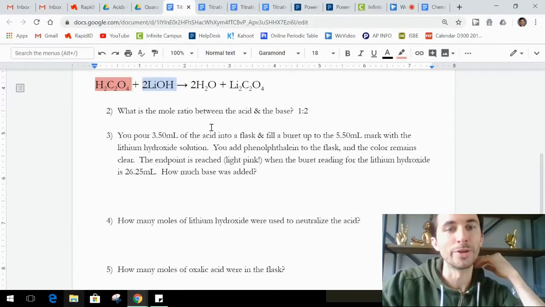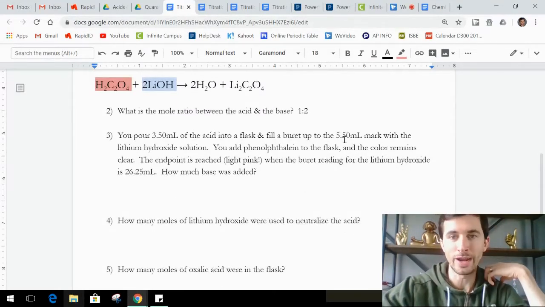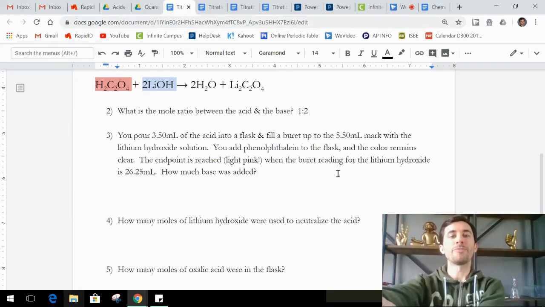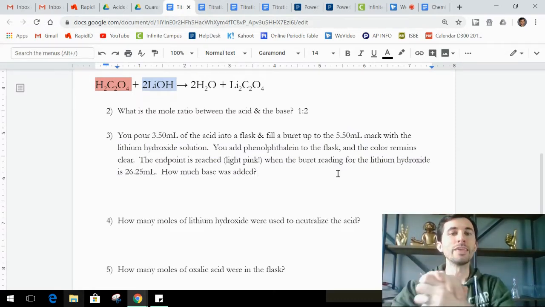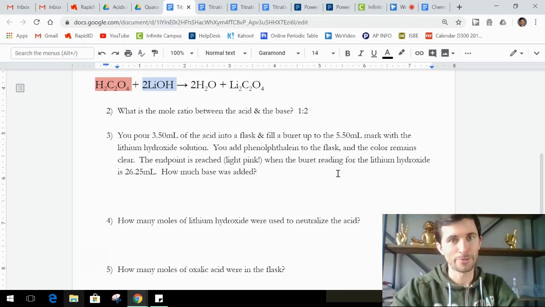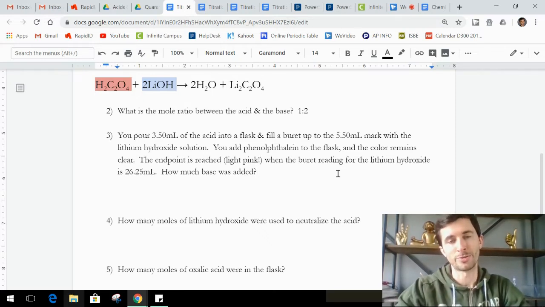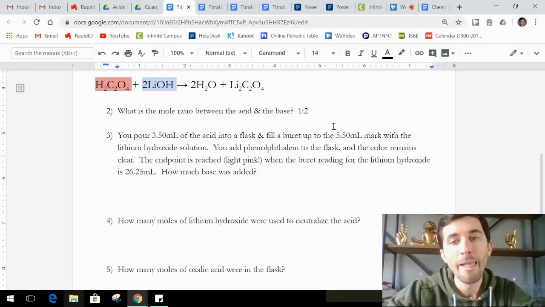All right, so number 3, I got some emails on how do you figure out the base volume used. If you need to draw pictures, please do so. But for most titrations, the unknown solution or the unknown concentration goes in a flask, and the known concentration, in other words, the base in this case, goes in the burette. So the burette, the base is added until it reaches the 5.5 milliliter mark.